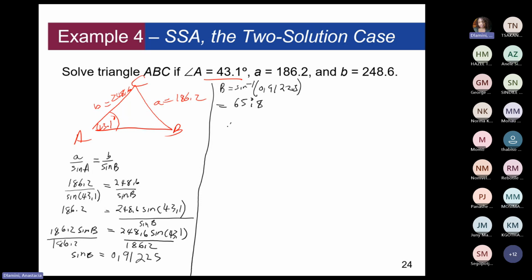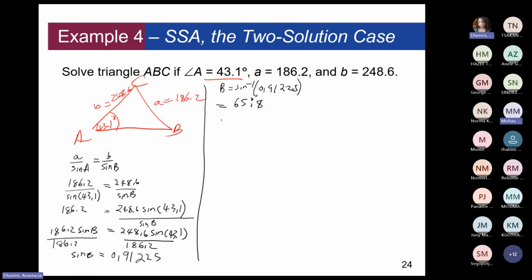So let's call this angle B1 and then angle B2. Remember we said that we go and check the answer we got. Sorry, we can't call them B1, B2 yet.